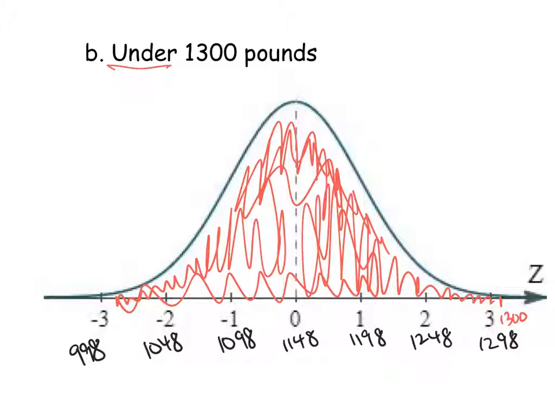My data value, which is 1,300, minus my mean, which is 1148, divided by my standard deviation, 50. So 1,300 minus 1148 divided by 50, my z-score is 3.04.